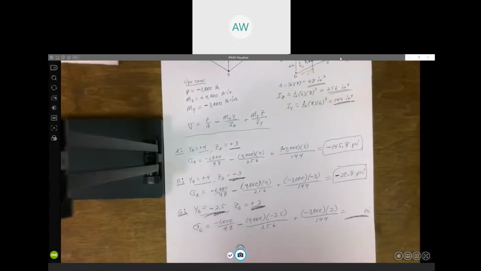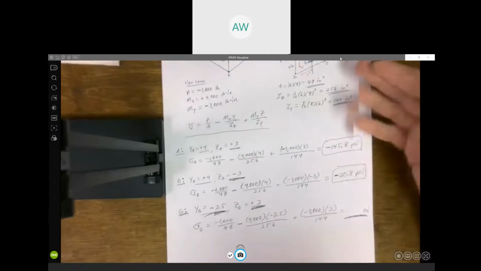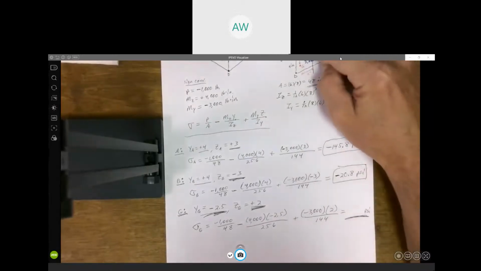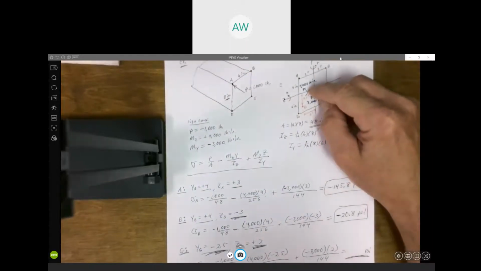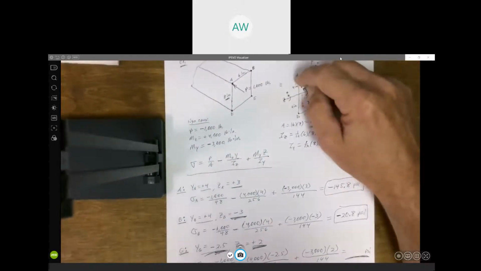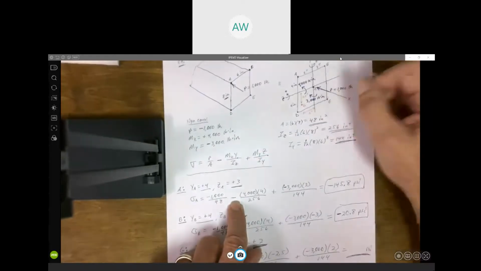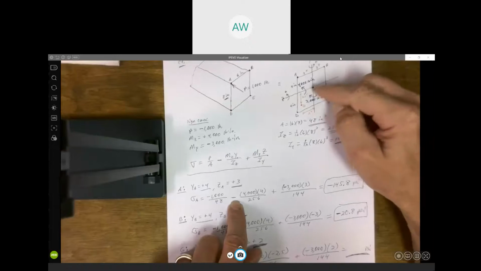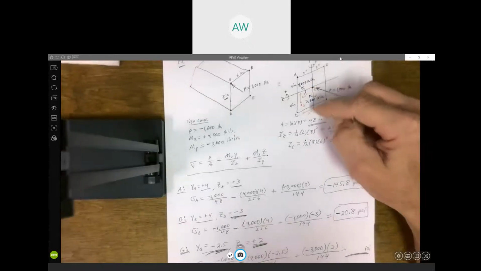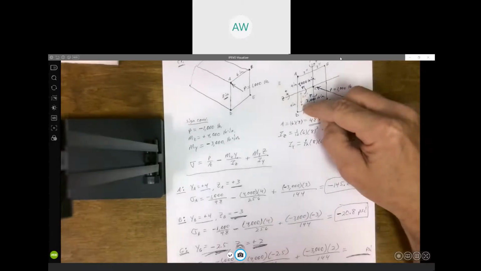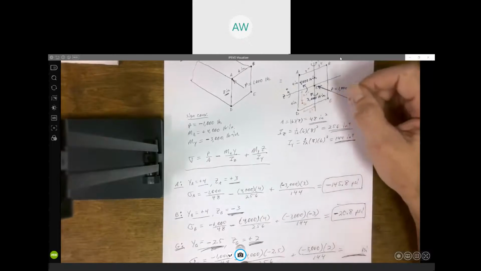And again, the last thing I'll mention is, if you don't want to use the sign convention, you can just look and tell. That 4,000 inch-pound moment about the Z is causing compression at A, so I know this term is going to be negative. And you see, it's negative. I know that 4,000 inch-pound moment is causing tension at G, so this term should be positive. Negative times negative is positive.